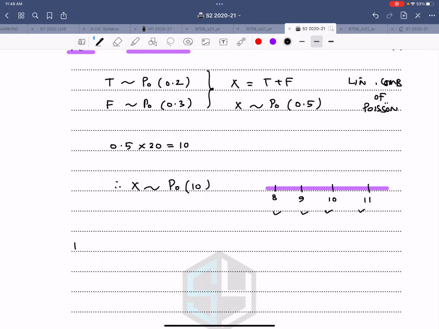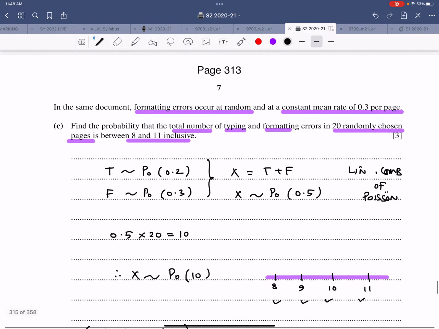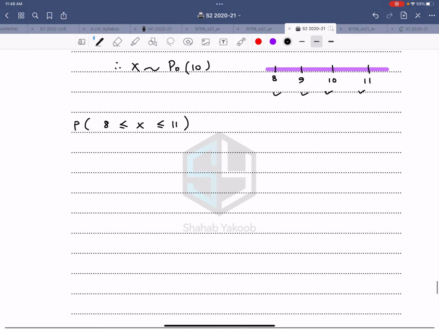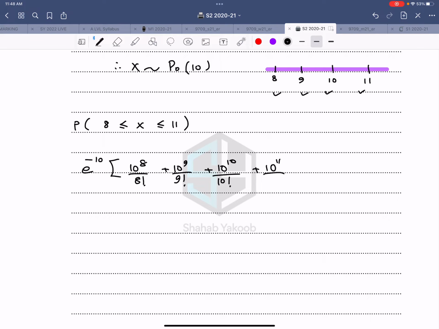Probability X lying between 8 and 11, let me double check it's inclusive. So this is e raised to the power of minus 10, times 10 to the power of 8 over 8 factorial, 10 to the power of 9 over 9 factorial, 10 to the power of 10 over 10 factorial, and 10 to the power of 11 over 11 factorial.